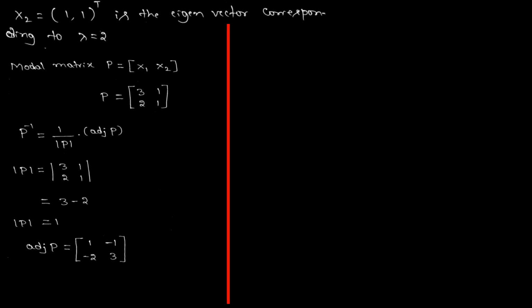It is just interchanging these two elements and reversing the sign of the other elements. If you interchange 3 and 1, you get 1, 3 here. We have interchanged and reversed the signs of the other two elements.